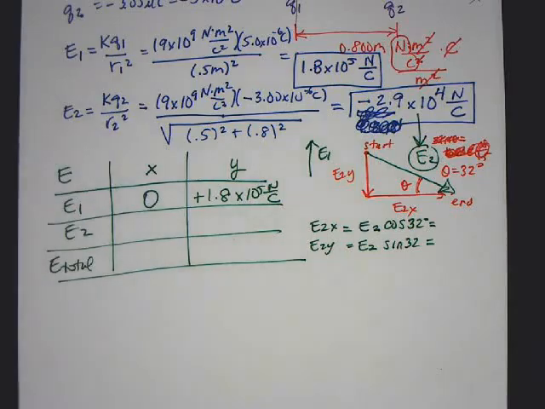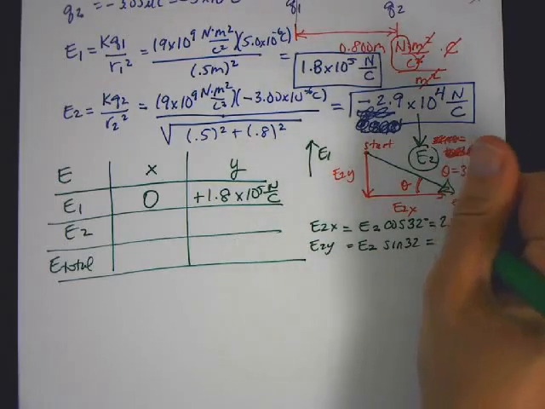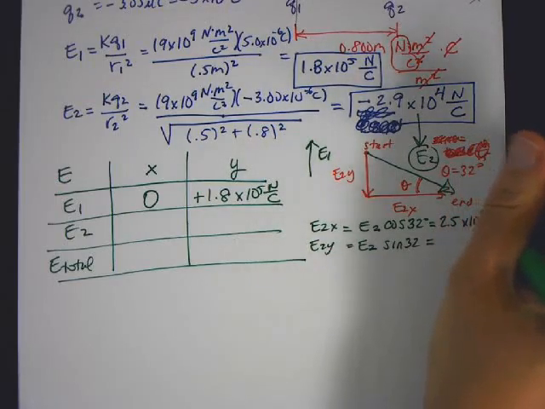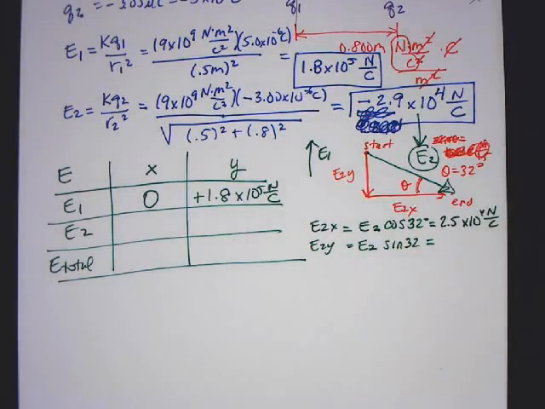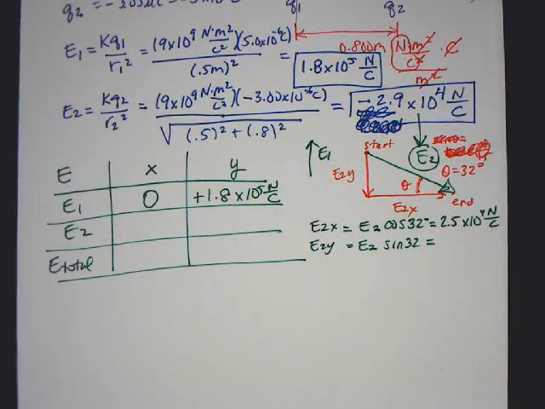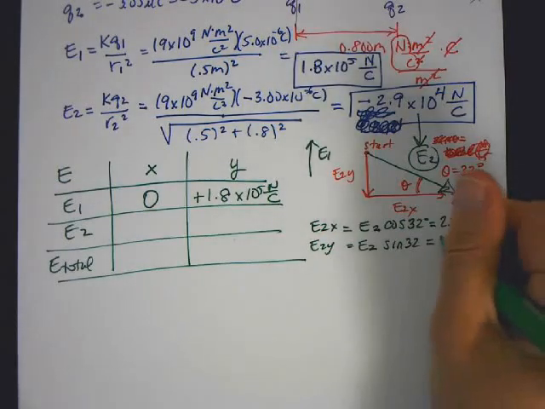E2x comes out to be 2.5 times 10 to the 4 newtons per coulomb. And E2y comes out to be 1.54 times 10 to the 4.